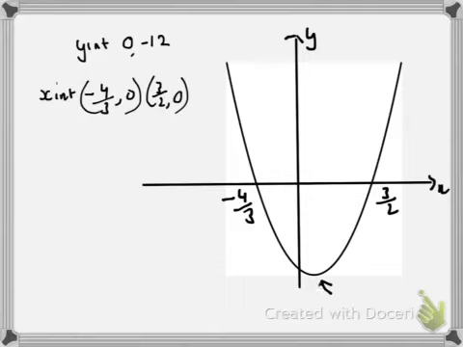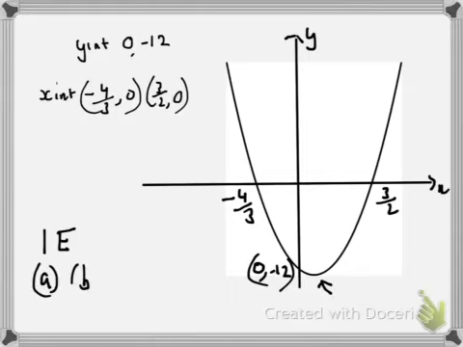We're not finding the turning point just at the moment, and our y-intercept there is (0, −12). It's a bit out of scale, I know, but you get the idea. So that's how to draw a quadratic graph. You might like to pause the video here and have a go at 1e, numbers a, b, and c.